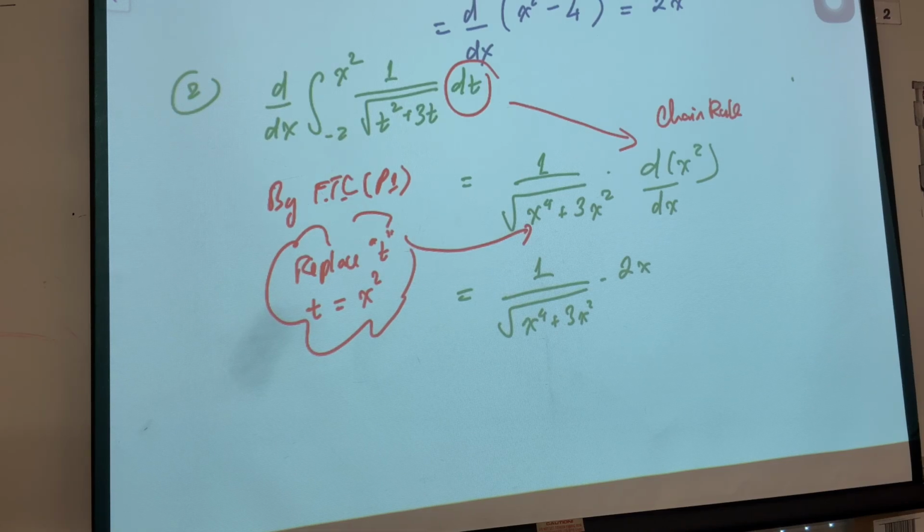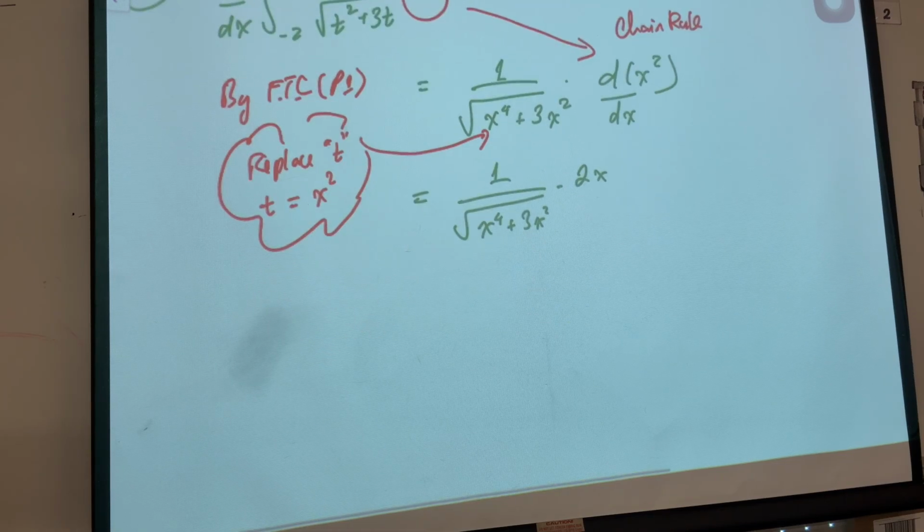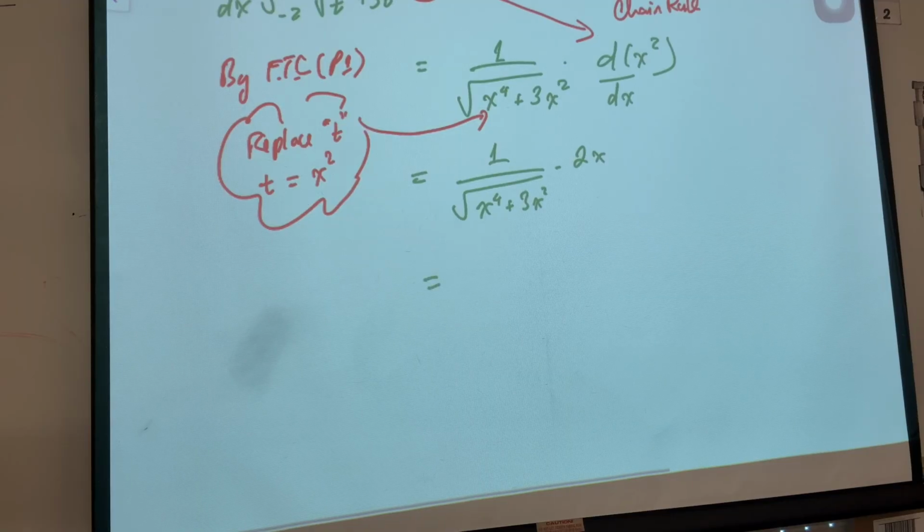Can we simplify this? Is there any way we can simplify this? How do we simplify this? You factor out x squared. What do you have left? x squared plus 3.